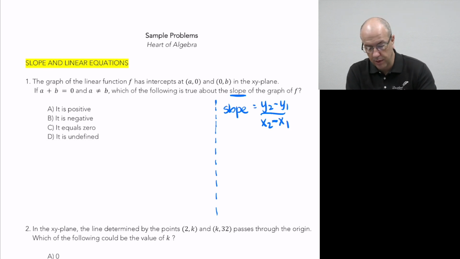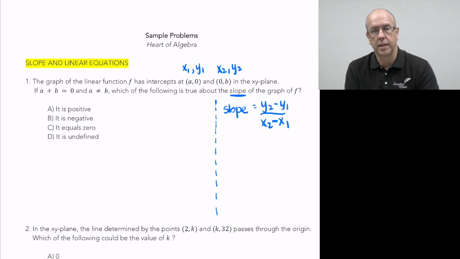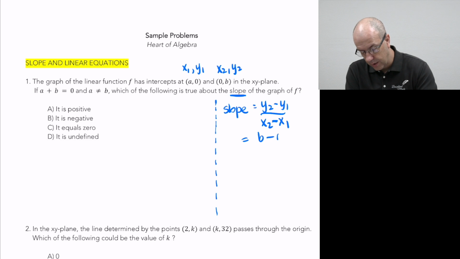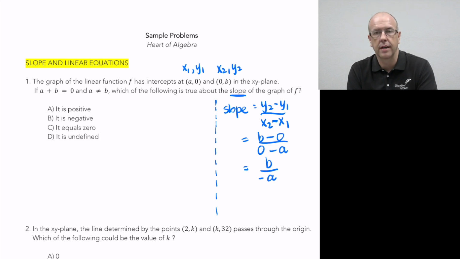And they've given me those 2 points, right? So this is x1 comma y1, this is x2 comma y2, and I can plug those into the slope formula at any appropriate place. So if I do that, I get b minus 0 over 0 minus a. I simplify this, and I get b over negative a.